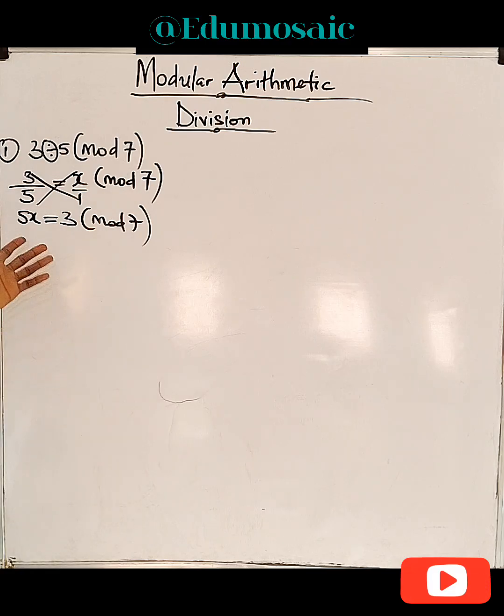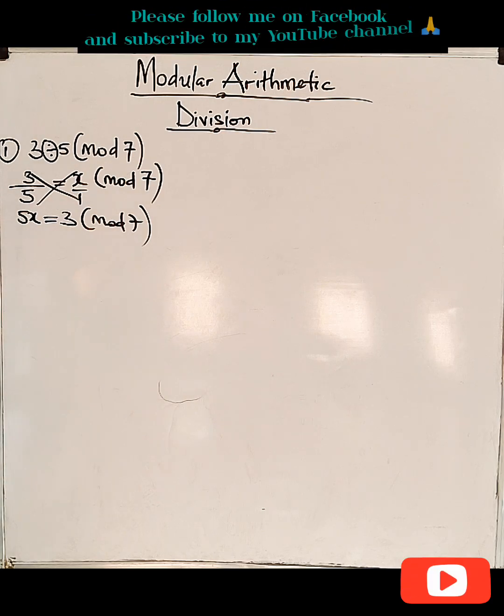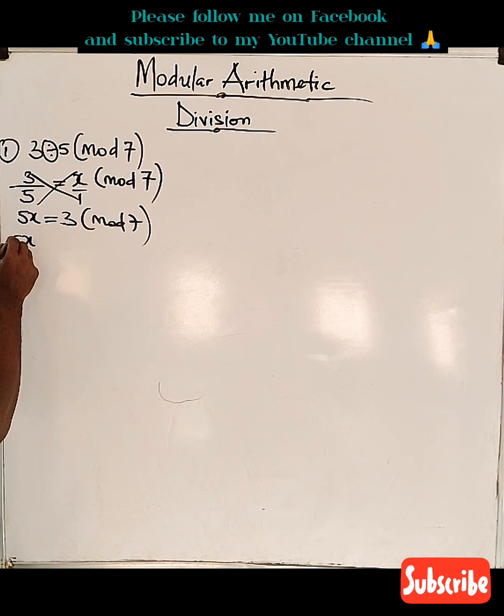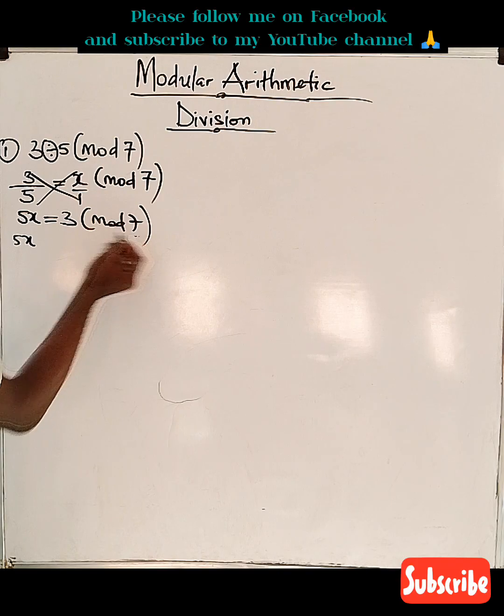Don't forget, what we have right here is more or less like saying 5x divided by 7 equals something. When 5x is divided by 7, you're going to get something. We don't know what it's going to be. It could be v, it could be anything. It's a given unknown, not yet known. So 5x divided by 7 could be v remainder 3 over 7. Instead of going that long route, you just get the multiple of 7 out.